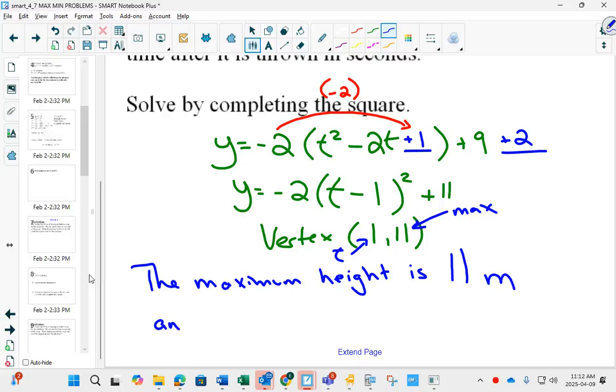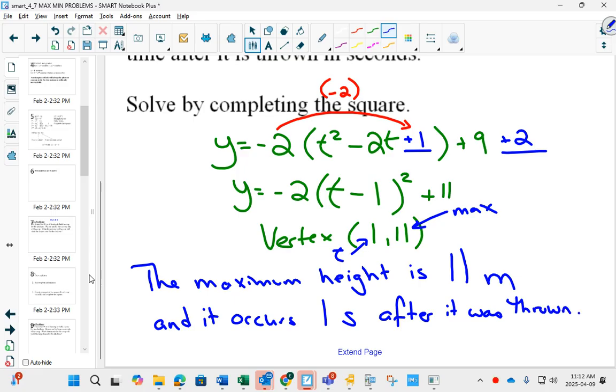Didn't ask for this, but just so that we can talk about it, if I analyze what the 1 stands for, that maximum height happened 1 second after it was thrown. So in our maximum problems, we're going to find the vertex, the y-coordinate, or in this case, I guess it wasn't ever y.